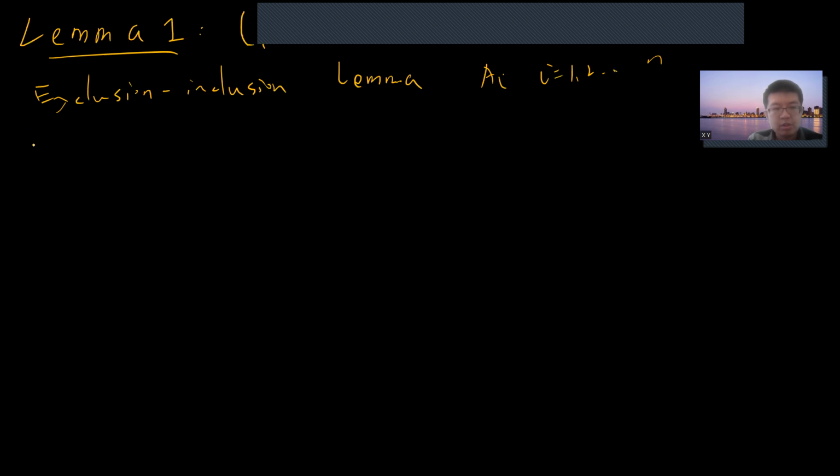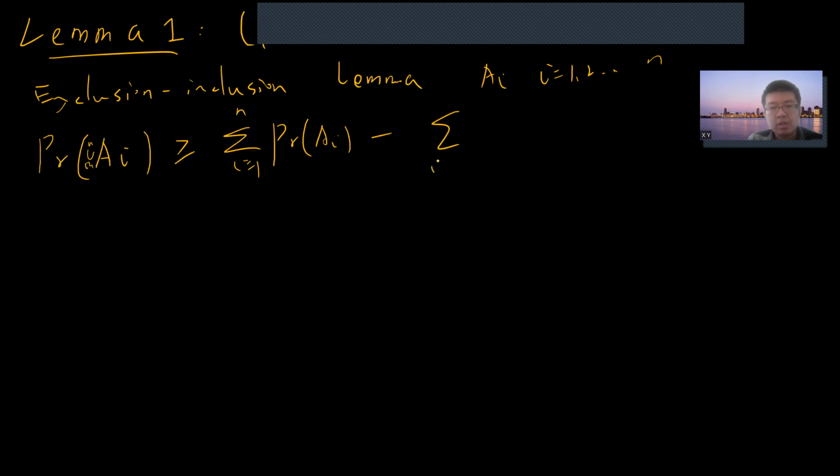So the probability of the union of A_i, i from 1 to n, is greater than or equal to the summation of the probabilities of A_i, i from 1 to n, minus the sum over i less than j of the probability of A_i intersection A_j.